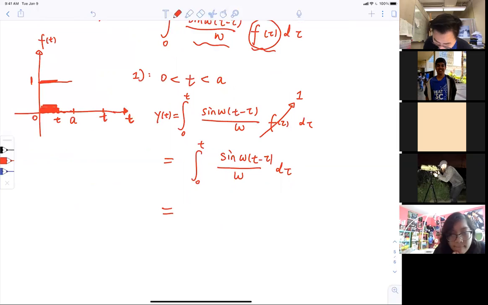What's this? It's from this omega squared. Remember, we're integrating over tau instead of t. Sometimes you may make a mistake.